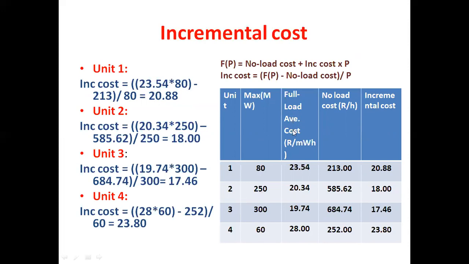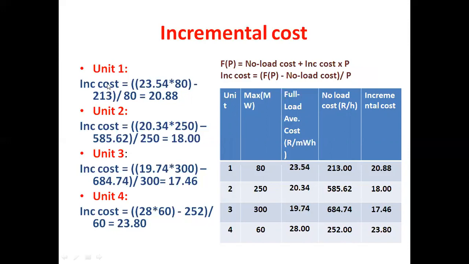The full load average costs are 23.54, 20.34, 19.74 and 28. And the no load costs are 213, 585.62, 684.74, 252.00. So we have to calculate the incremental cost with the help of this formula.